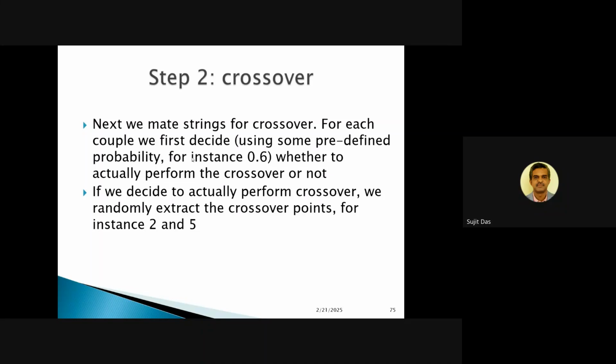Is it 100% of the solutions, or only 20%, 30%, 40%? We should not select 100% for crossover. Normally crossover probability is 0.6 to 0.8, meaning maybe 60% or 80% of solutions are selected. How many pairs you select depends on this crossover probability.